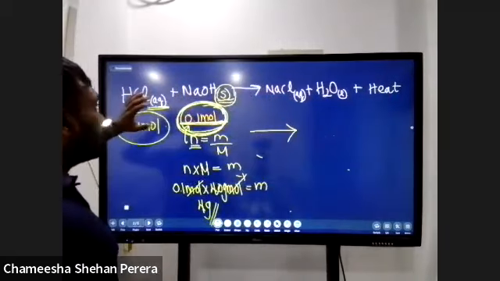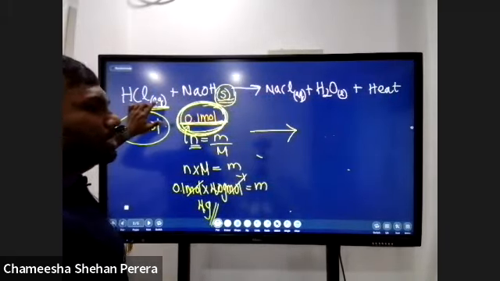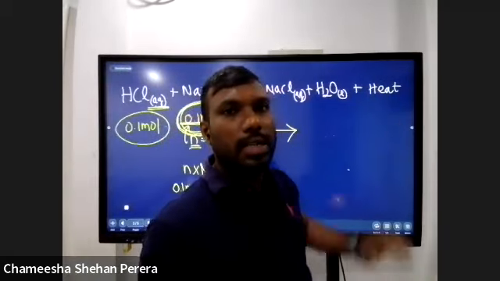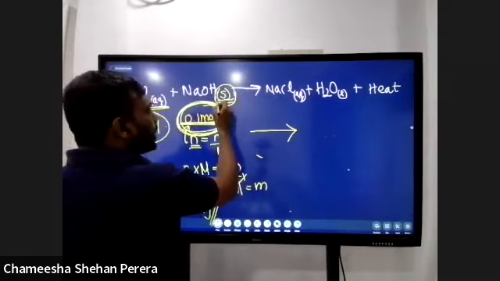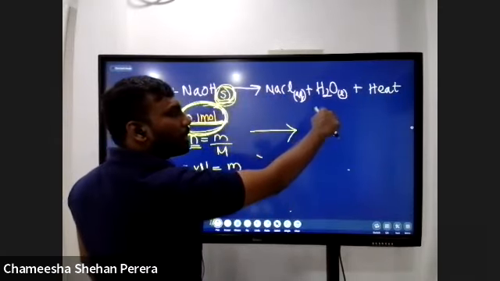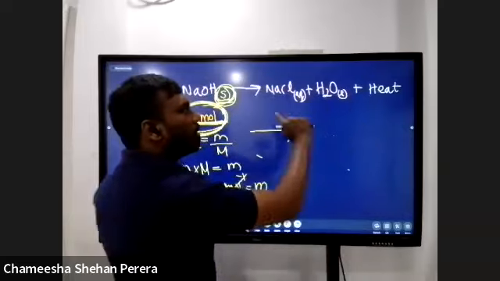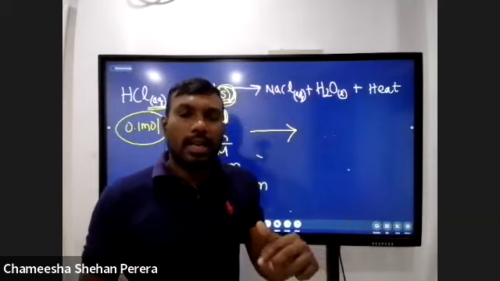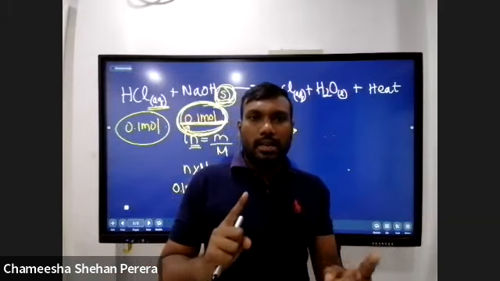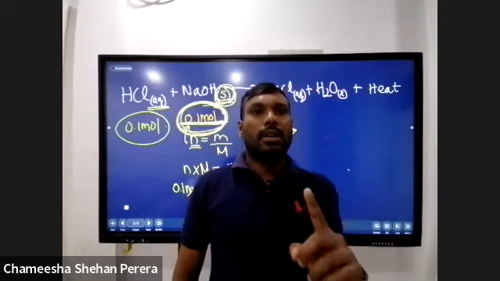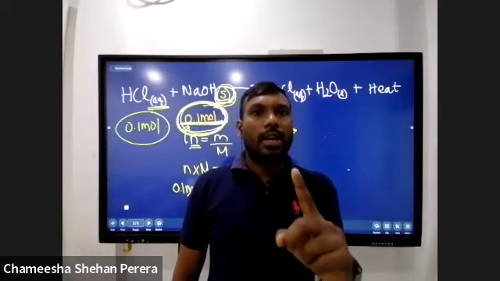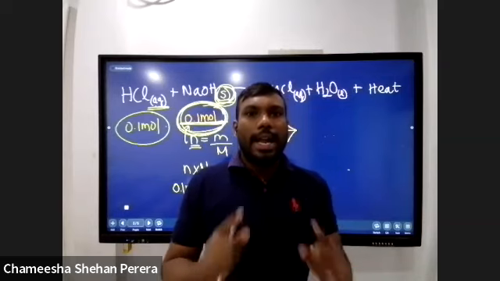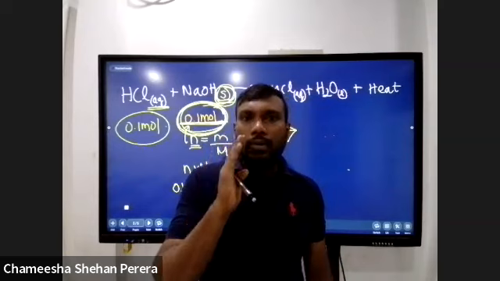But here we used 0.1 moles of solid instead of aqueous, and the amount of heat released is different. That means if you forget to mention the physical state, the heat amount produced changes, and then you are wrong. That means if you write a chemical reaction with heat changes, endothermic or exothermic, don't ever forget to write the chemical reactions with the physical state of the reactants. You can lose a lot of marks over this small point.